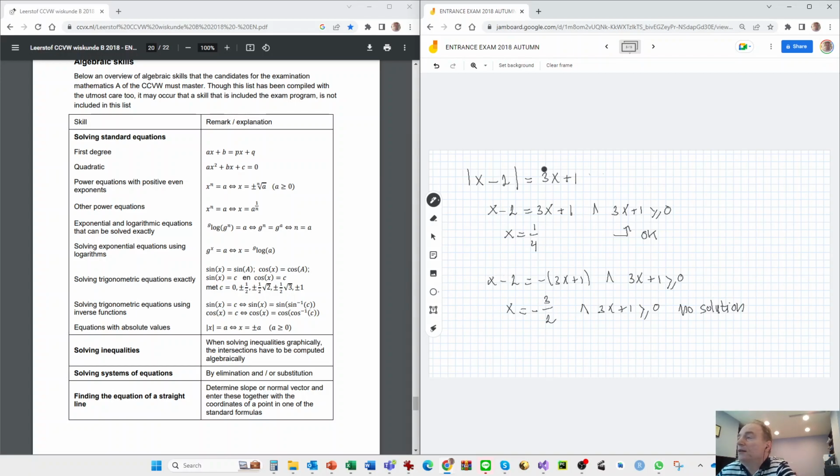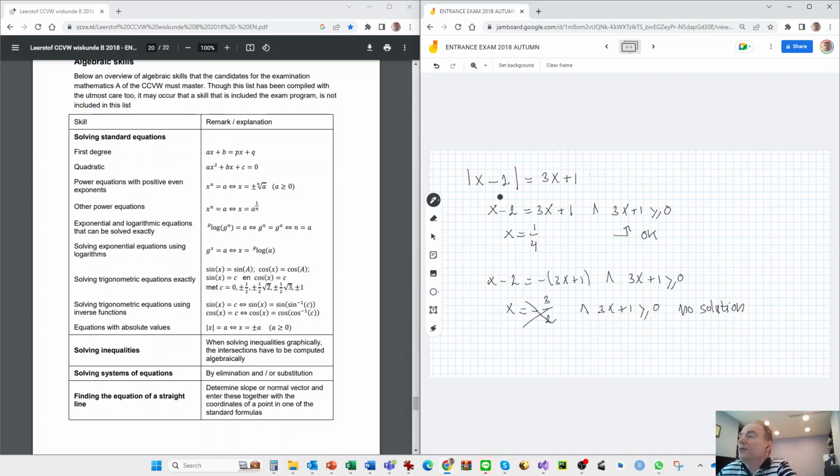Now if I take the minus here, then if I work it out, I get x is minus 3/2, and 3x plus 1 still has to be greater or equal to 0. But if you substitute x here, you actually find that it's not a solution. So we have to discard this.